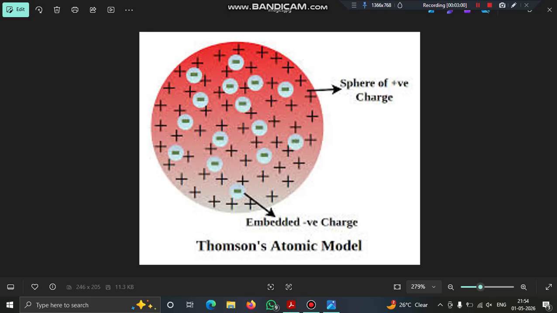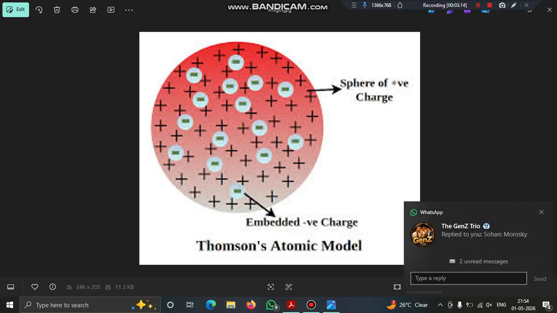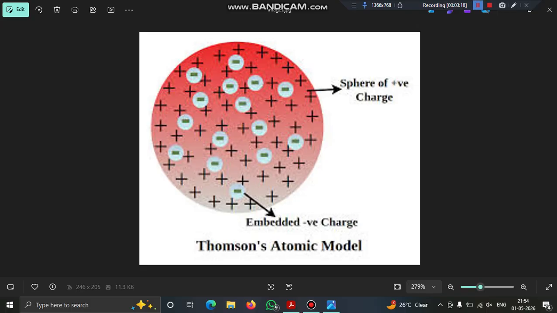The same theory of the watermelon is considered in the Thomson atomic model, so it is known as the plum pudding model. I hope you have got to know about the Thomson model of the atom.